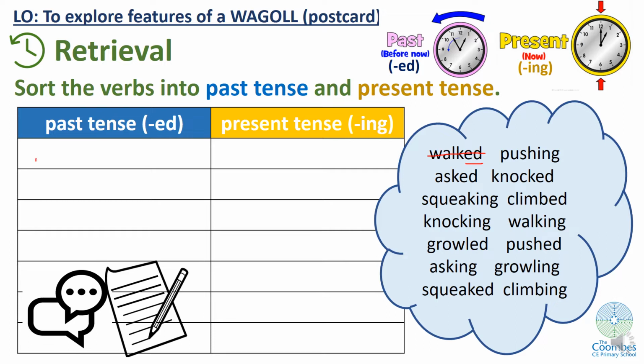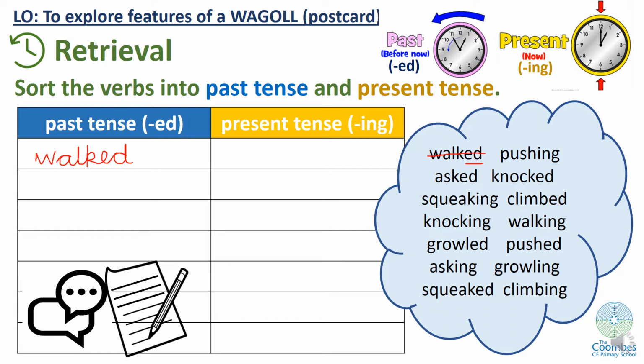In the past tense, I'm going to write walked, and make sure I've got my ed suffix. It's past tense. Now, each past tense one will have a pair to go with it. So it will have a present tense verb as well.